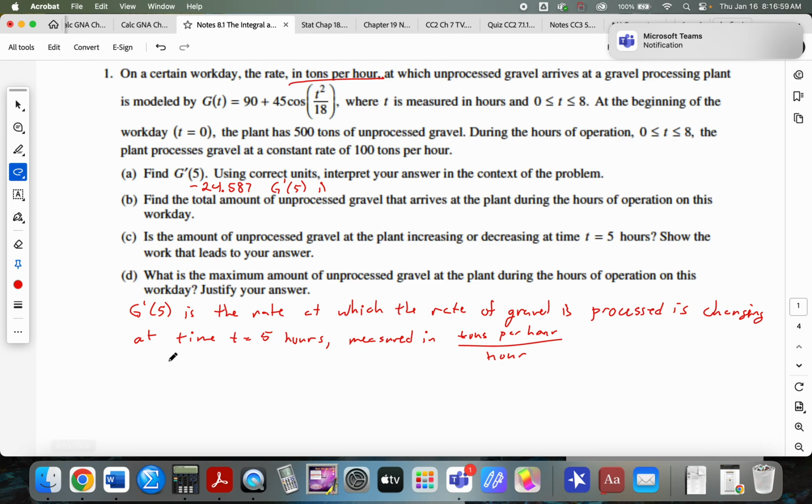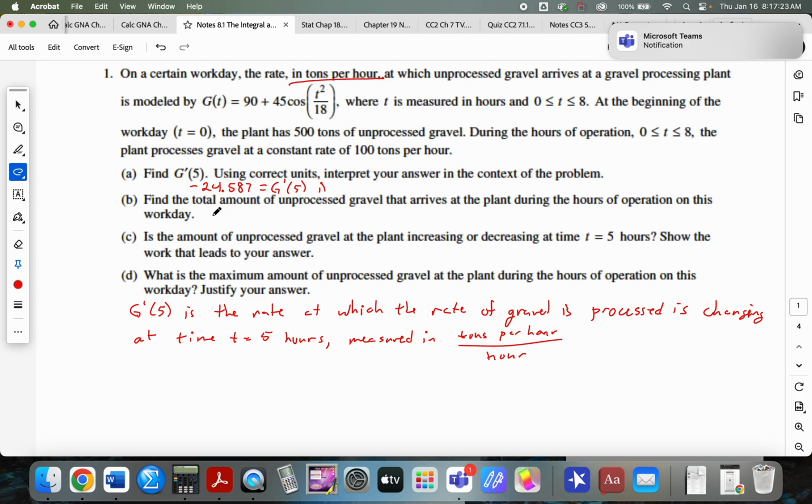And part of what's nice about this is you don't have to write the negative 24.587 here, because you've at some point said G prime of 5 is this number. So what's happening to the rate at which gravel is being processed?